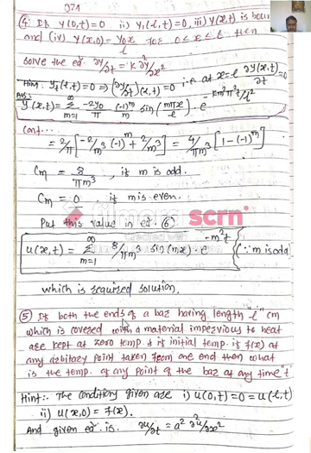If both ends of a bar of length L centimeters, which is covered with a material impervious to heat, are kept at 0 temperature, and the initial temperature is f(x) at any arbitrary point taken from one end, then what is the temperature of any point of the bar at any time t?